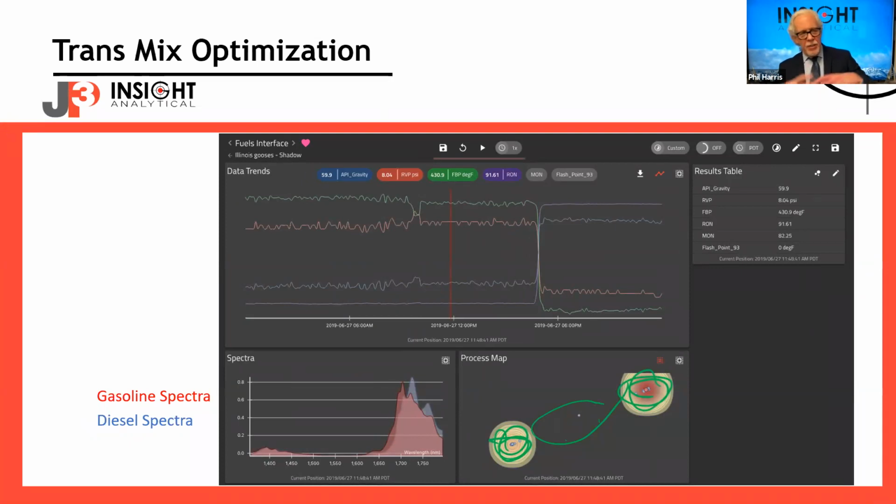So again, the reason we focus on transmix is, in this case, we only have a couple of things we're trying to predict. And we can see the obvious difference between gasoline and diesel. When we do this on more complex products like natural gas condensates, and we're doing a full C5 or C12 plus analysis, you don't see a lot of difference when you just look at the spectra.